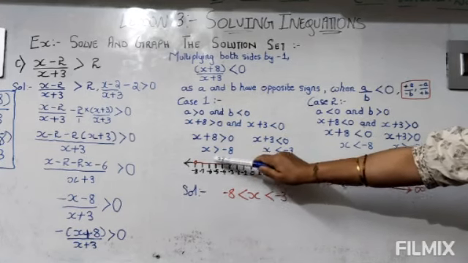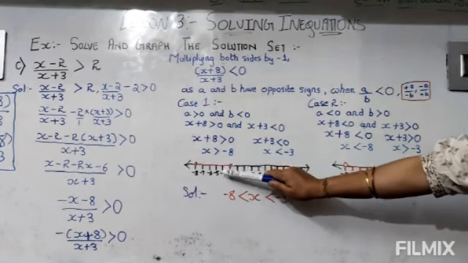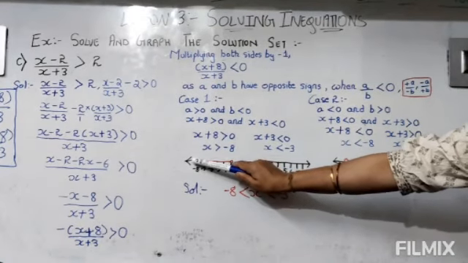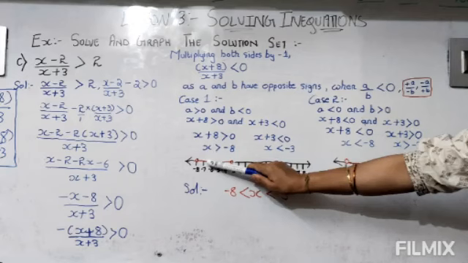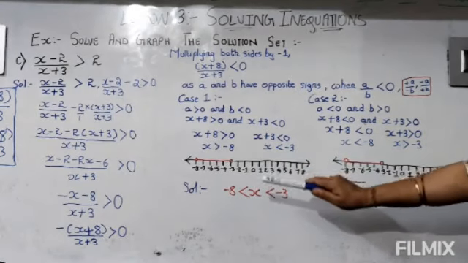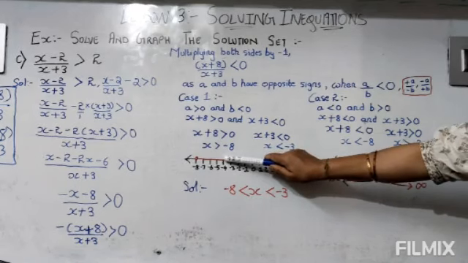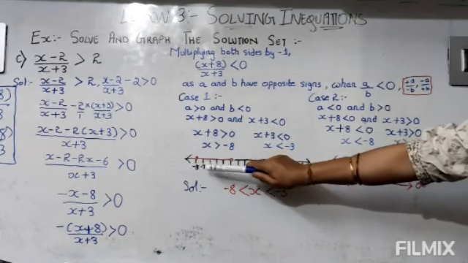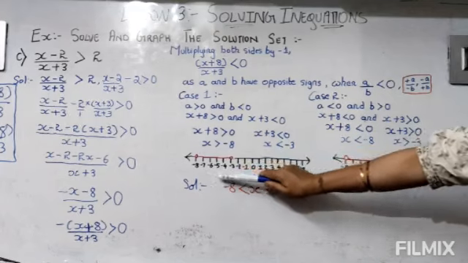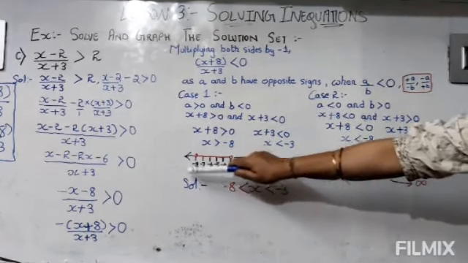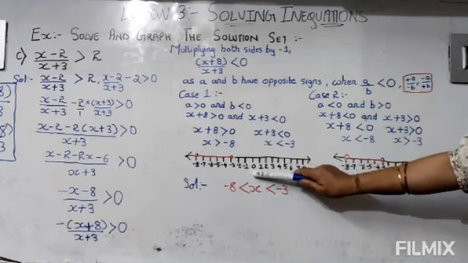I am repeating again. X greater than minus 8 means minus 8, minus 7, minus 6, minus 5, and it goes on like this. X less than minus 3 means minus 3, minus 4, minus 5, minus 6, minus 7. Therefore the value should be between minus 8 and minus 3 under case 1.